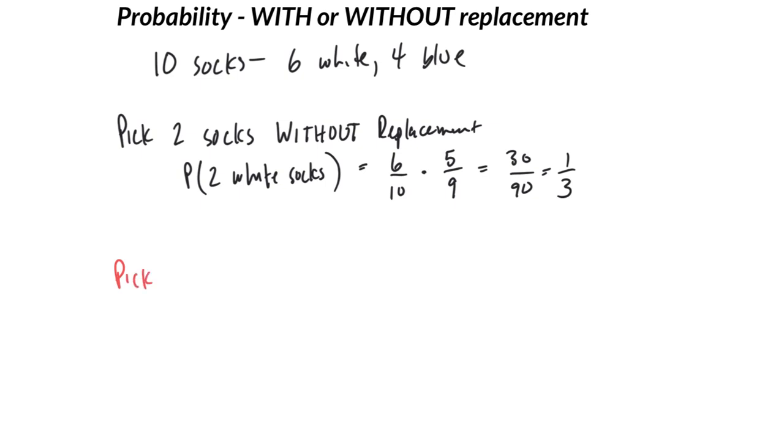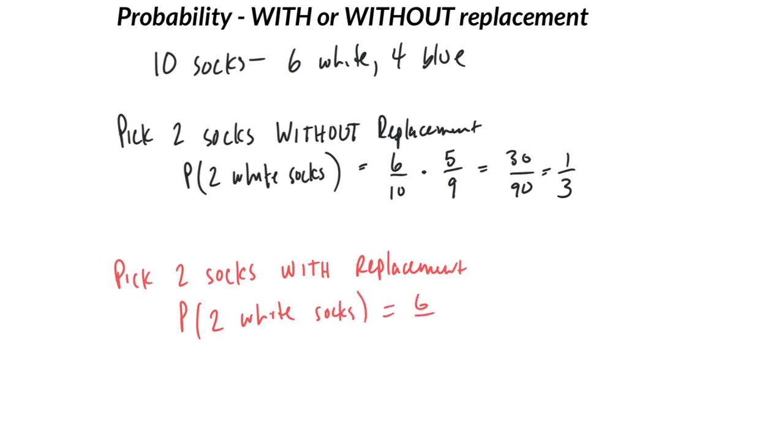Well, now if I pick 2 socks with replacement, meaning I do put the sock back in, then the probability of 2 white socks is 6 out of 10, and then 6 out of 10 again, or 36 out of 100, or 9/25.